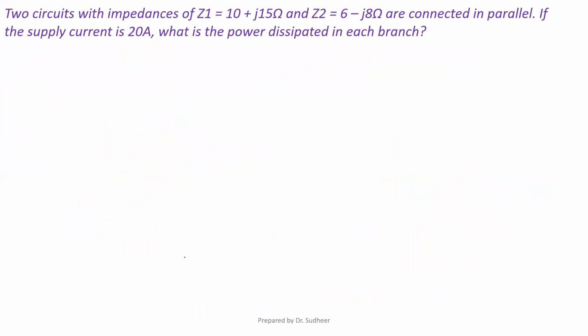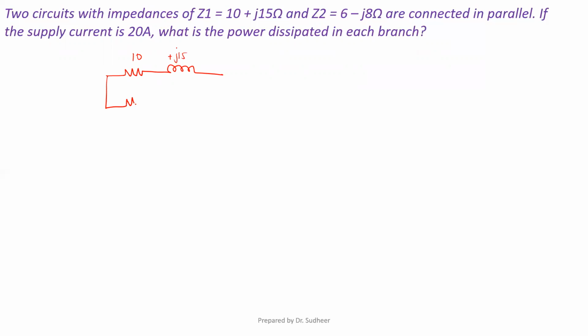Let us solve the second problem, wherein two circuits with impedances of 10 plus j15 and 6 minus j8 are connected in parallel to a supply current of 20 amperes. What is the power dissipated in each branch? So the first branch is 10 plus j15, so it is an RL circuit.